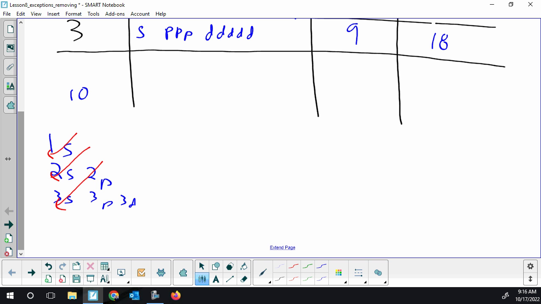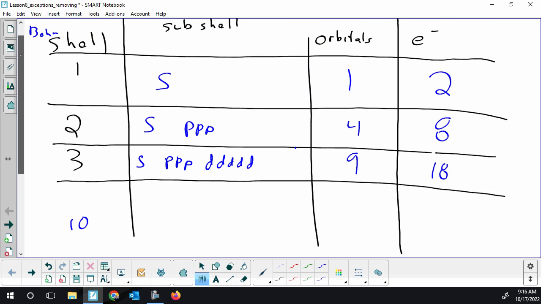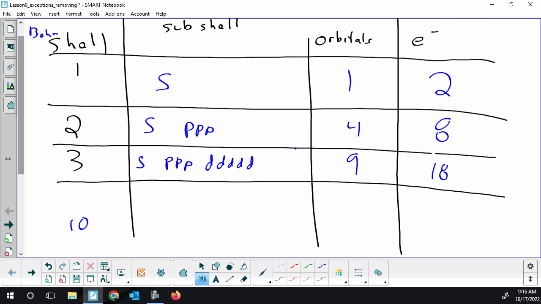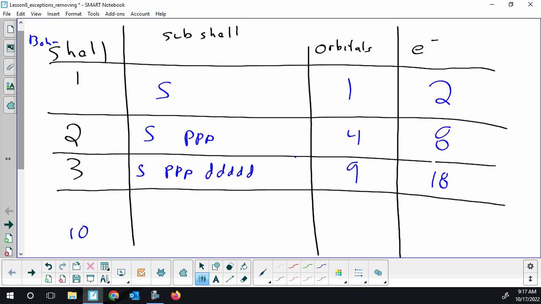They fill by the diagonals. And you can weave your way through the table to help remember that order. If you keep working up by atomic number, you'll see the same pattern. Now I just put in 10 at the bottom to remind you of the patterns.